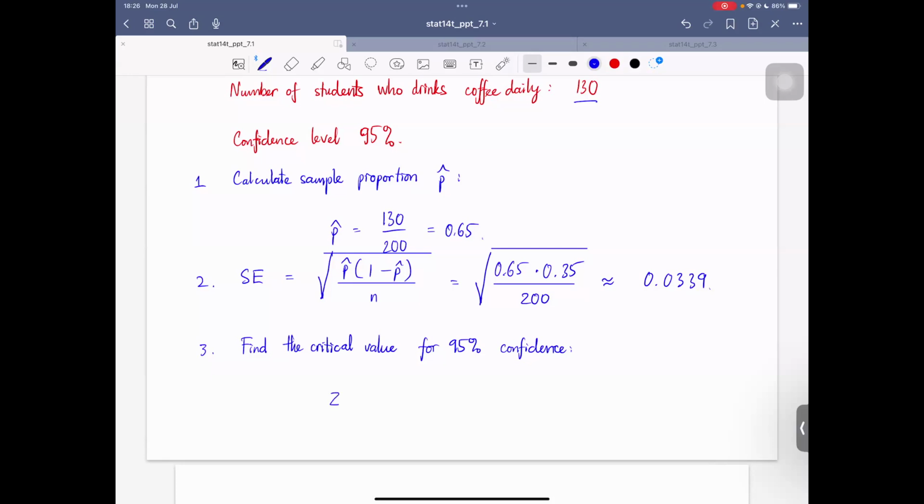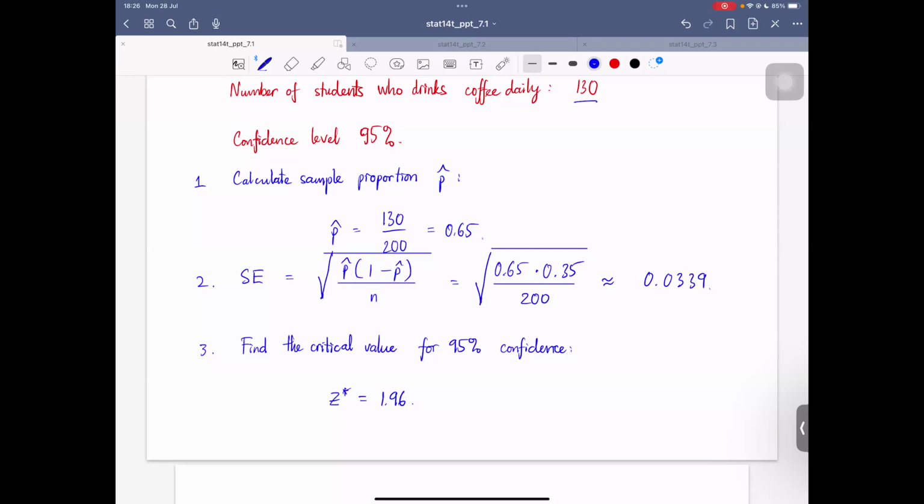So we will find the critical value z star is 1.96. Do you still remember how to calculate z star in this case? If you want to calculate z star, you can use the z table, the standard normal table, or you can use a calculator or technology.